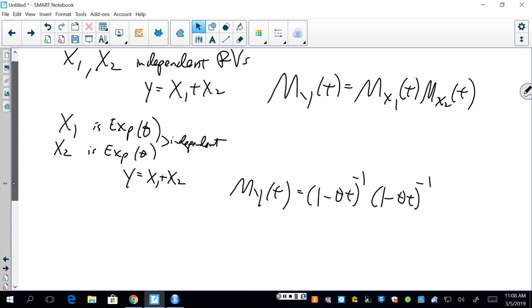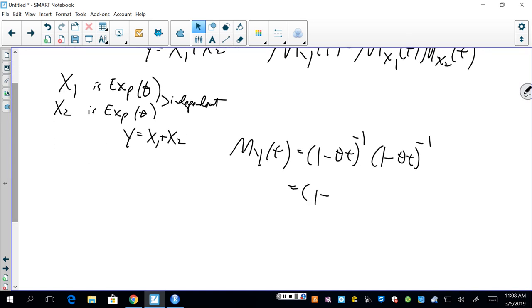So these things become 1 minus theta t to the negative 2.